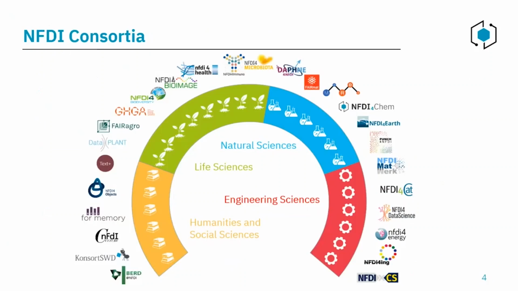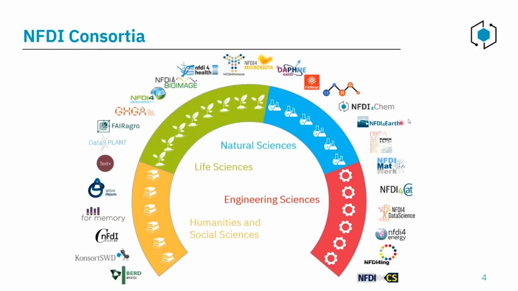The way it works is that, in a way, the NFDI is kind of the umbrella organization, and then within the NFDI you have various consortia representing different scientific disciplines, not just the natural sciences where we as NFDI for Chem are, but you also have a broad range of sciences. So we have cultural sciences, NFDI for culture over here at the left.